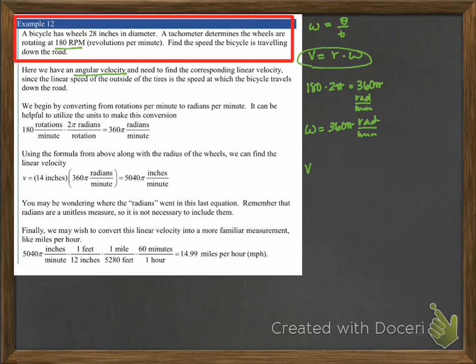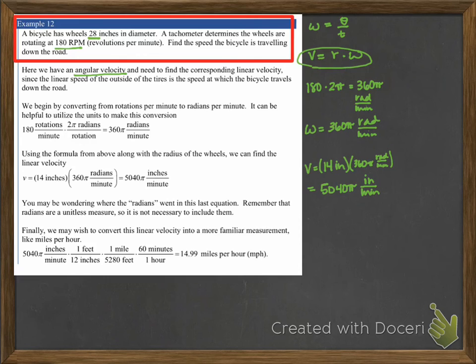So our linear velocity is going to be our radius, which, if our diameter is 28 inches, means our radius is going to be 14 inches. And we're going to multiply this by our angular velocity, which was 360 pi radians per minute. So this is going to give us 5,040 pi inches per minute.